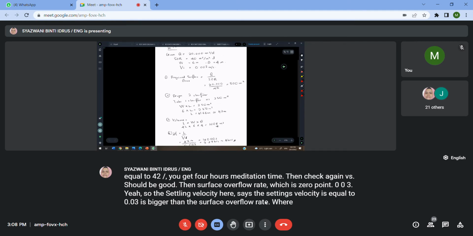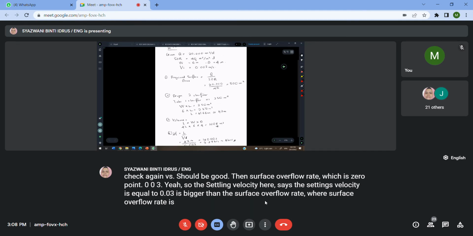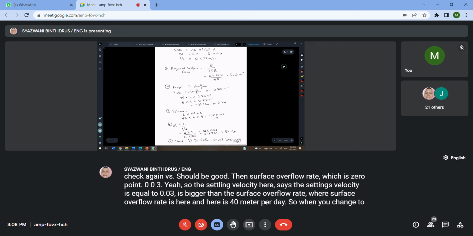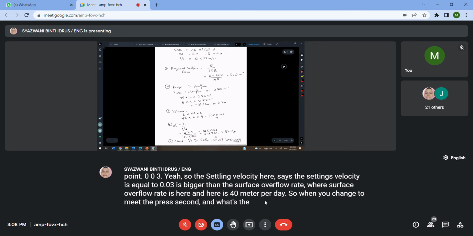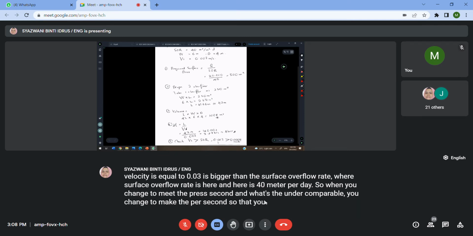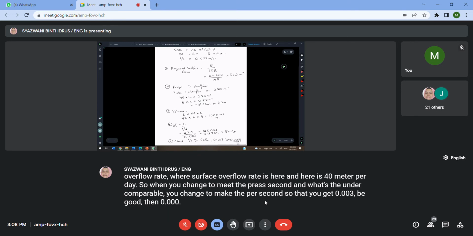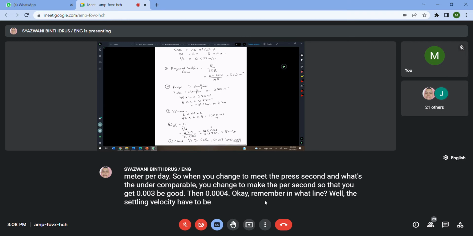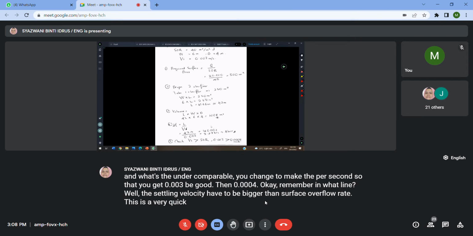The surface overflow rate is here, 40 meter per day. You have to change it to meter per second, otherwise they are not comparable. When you change to meter per second, you get 0.003 bigger than 0.00004. Remember, in a water treatment plant the settling velocity has to be bigger than the surface overflow rate. This is a very quick check in the design.